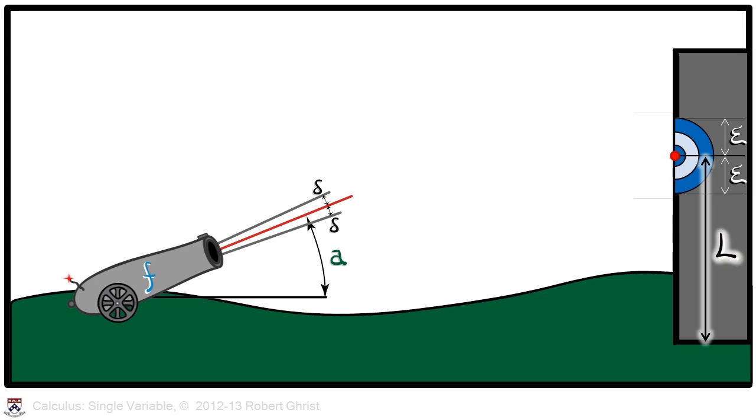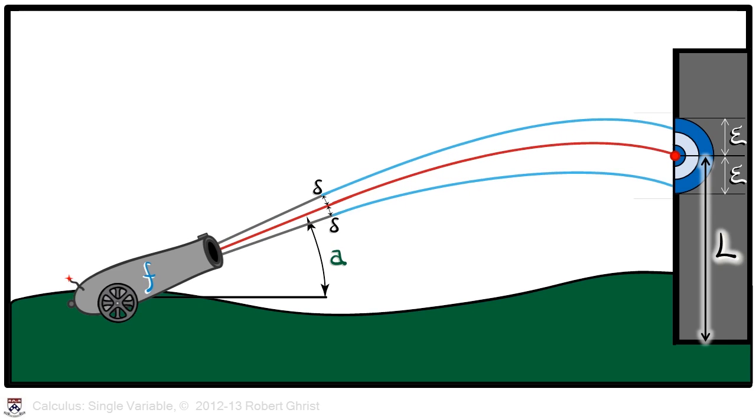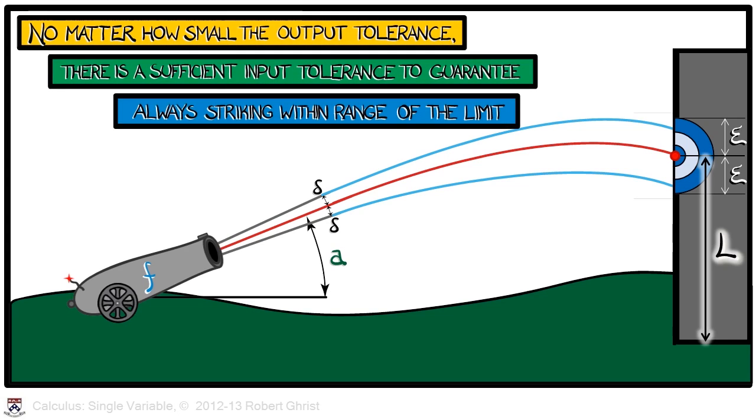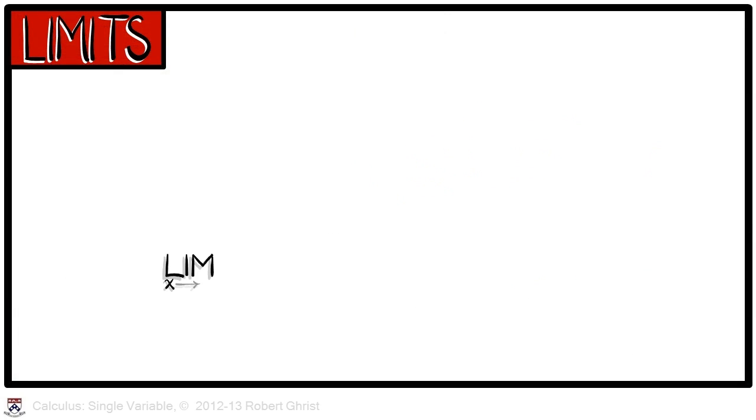In order to have the limit of f of x as x approaches a equals L, then anything within the input tolerance has to hit the target within the output tolerance. This must be true no matter how small the output tolerance, epsilon, is. You can find some sufficiently small input tolerance to guarantee always striking within range of the limit.